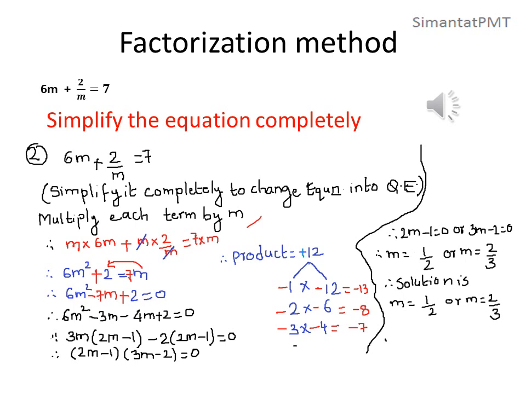So the second factor will be 3m minus 2 equal to 0. By applying product rules, we get 2m minus 1 equal to 0 or 3m minus 2 equal to 0. Therefore, m equal to half or m equal to 2 upon 3. Solution is m equal to half or m equal to 2 upon 3.